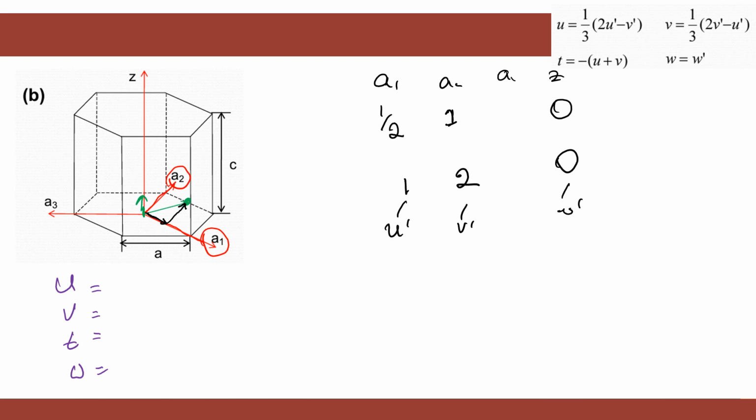What's U? 0, yes. V is 1, T is -1, W is 0. So when you put them in the bracket, it is 0, 1, -1 and a 0 like this. Are we good?